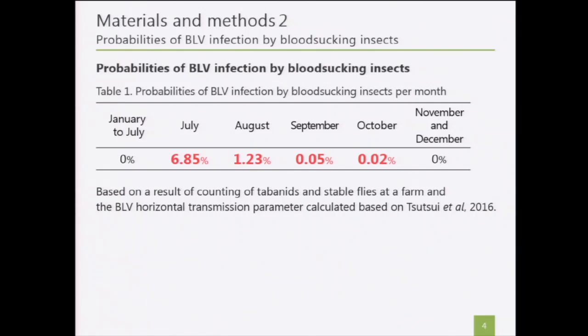These probabilities were based on counting of tabanids and stable flies at a farm we conducted, and the BLV horizontal transmission parameter from Tsutsui et al., a study of BLV infection in cattle in Japan.